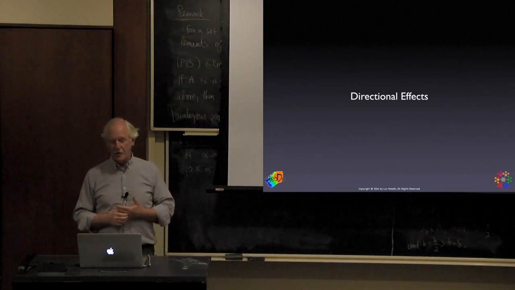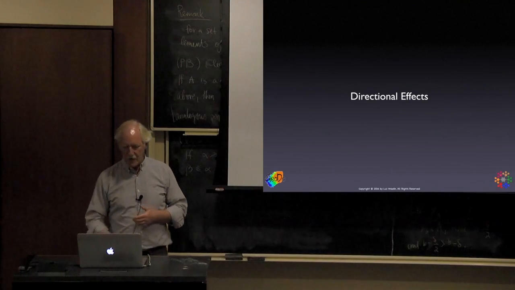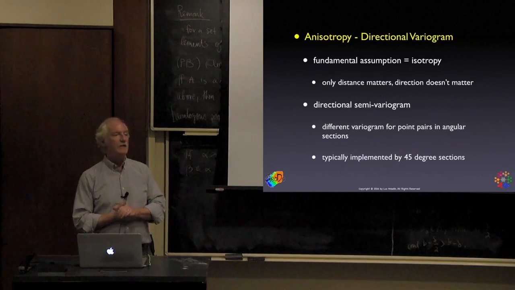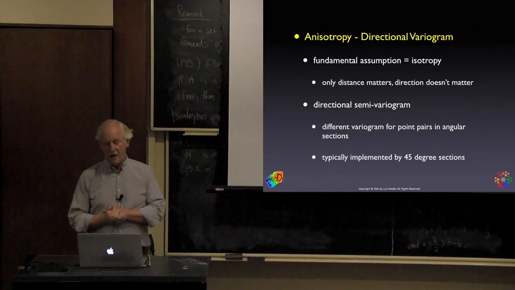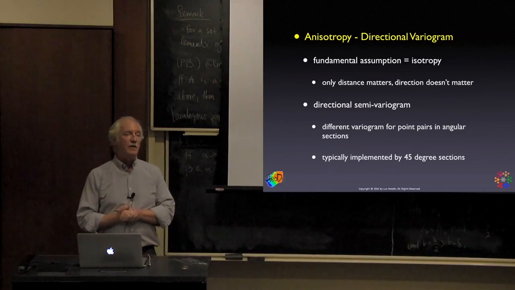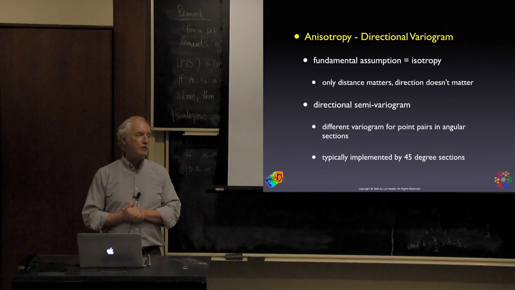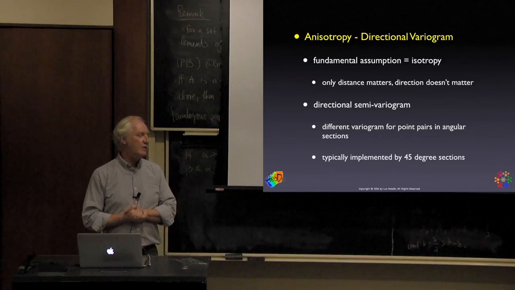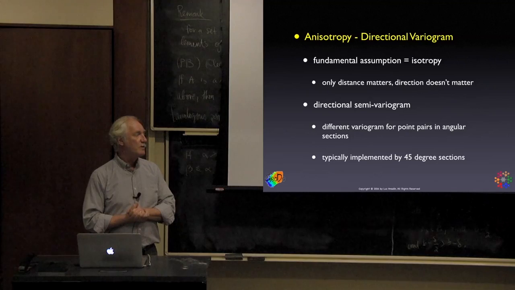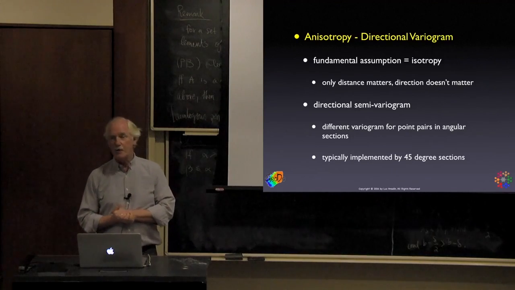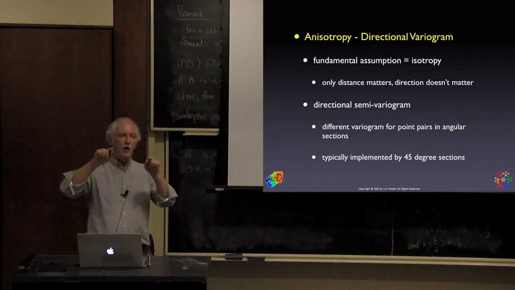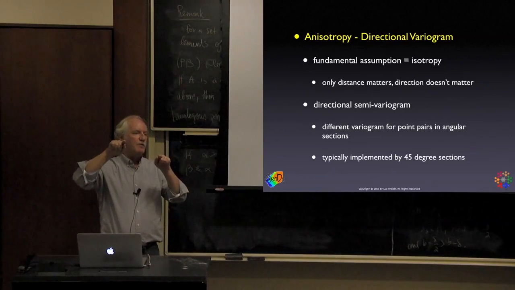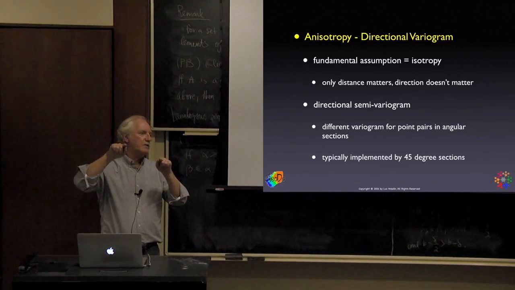Now, oftentimes in reality, that's not really the case. For example, in air pollution studies, there is often, especially in a coastal city like LA, the effect of wind direction. So if the effect of wind direction matters, then not only is it important to know how far two observation points are from each other, but also how they are oriented.